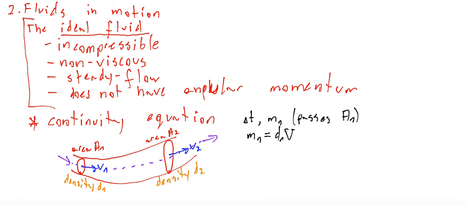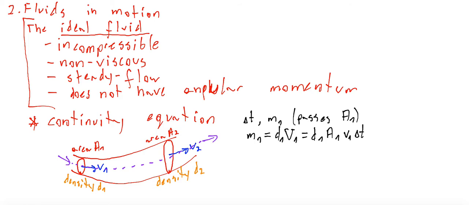So let's write density d1 and volume V1. And what is a volume? Volume is cross-sectional area times the distance traveled by the fluid in time delta t. When a fluid flows with constant speed through any point in area A1, the distance can be written as the product of speed and this time.